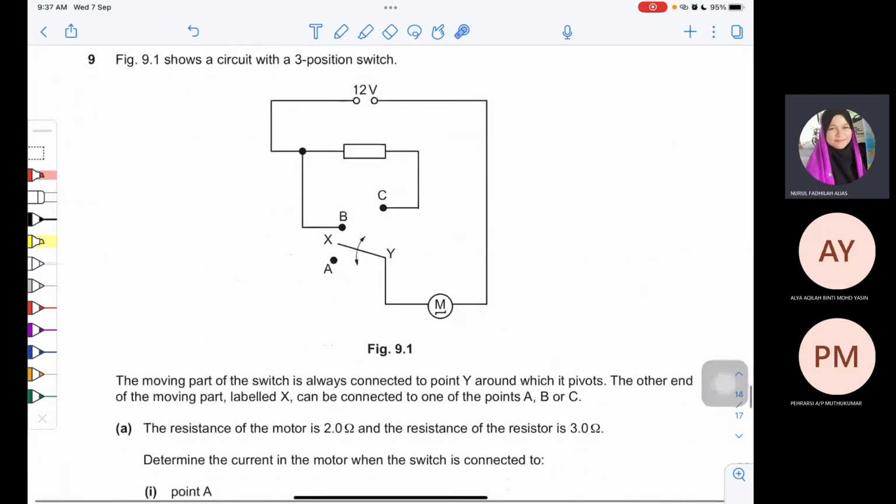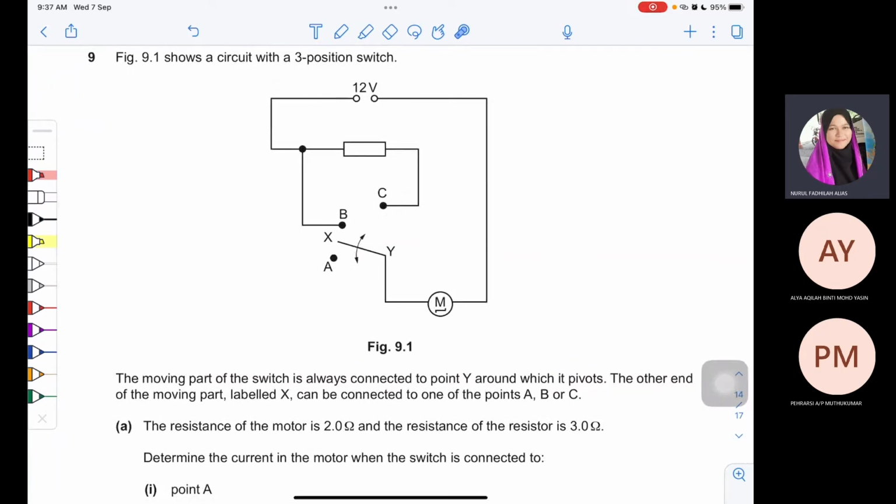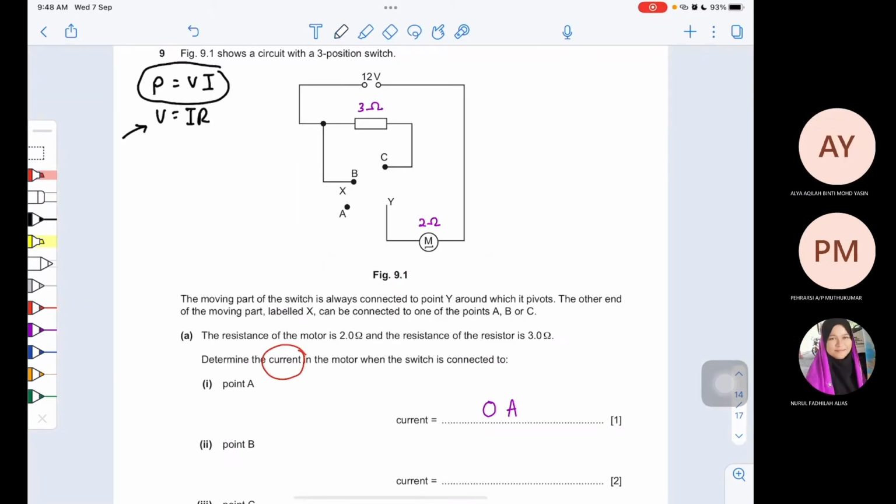Figure 9, question number 9. Okay, this one familiar question to everyone. Okay, boleh baca dulu. Macam ni, saya padamkan. Dia dekat sini. Okay, so that's the first question. Jadi, at the first question, you don't have to calculate anything sebab there is no current flowing.